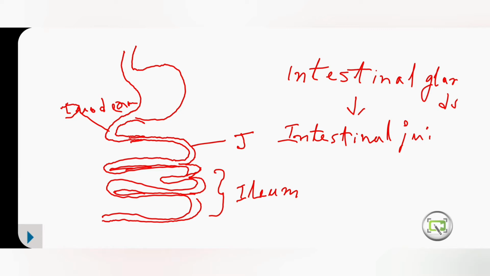Intestinal juice is secreted by intestinal glands, and it is otherwise known as succus entericus. This contains many enzymes, and it also works under basic nature.